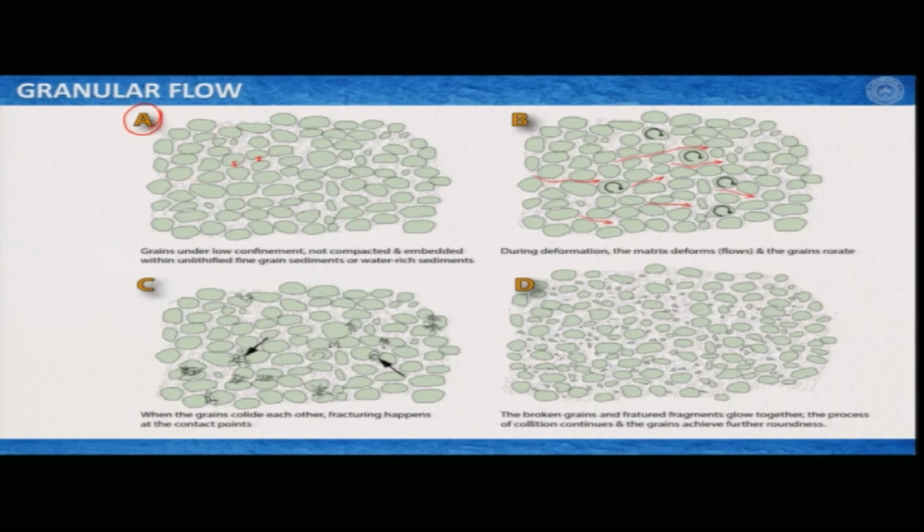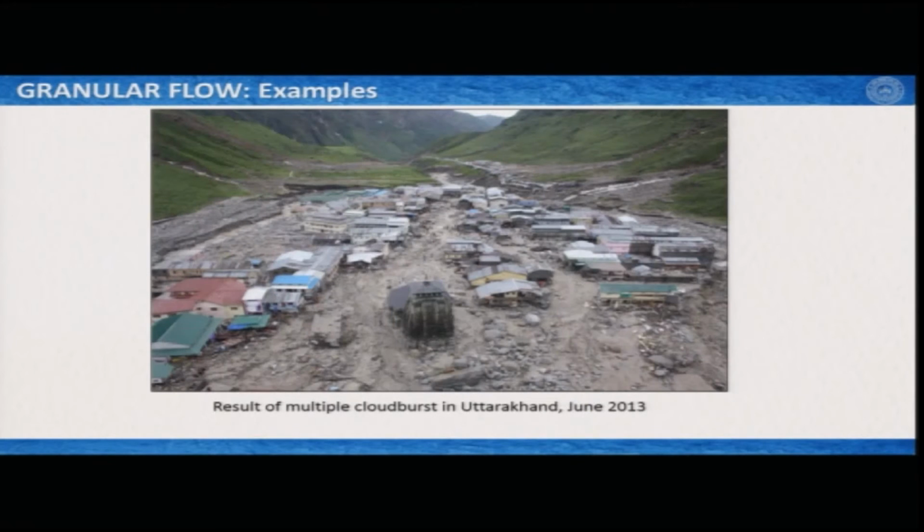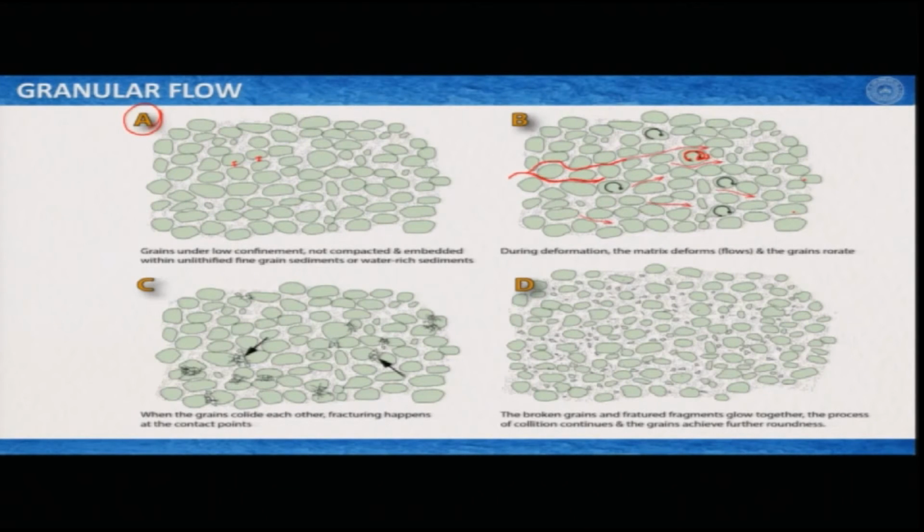These fluids or fine sediments, the fine matrix, try to flow around the grains, and when that happens, the individual grains, as indicated by the black circular arrows, tend to rotate. When these grains rotate, of course, they collide with each other at certain points, and when this collision happens, the grains produce fractures along their contact points.